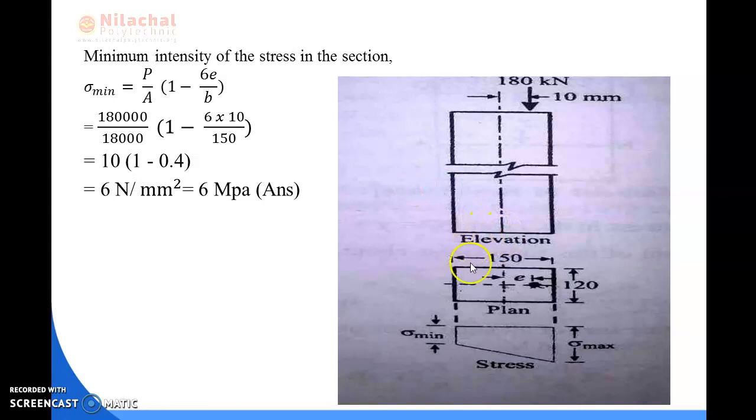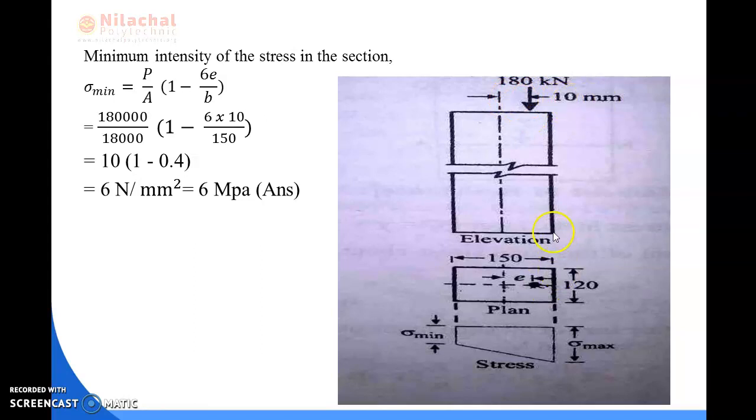So you can see this is the elevation of the column section, where you provide the loading, which is a case of eccentric loading of 180 kN, and the distance between the longitudinal axis and the load is small e, that is 10 mm.